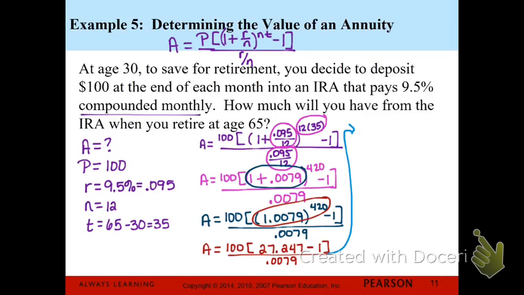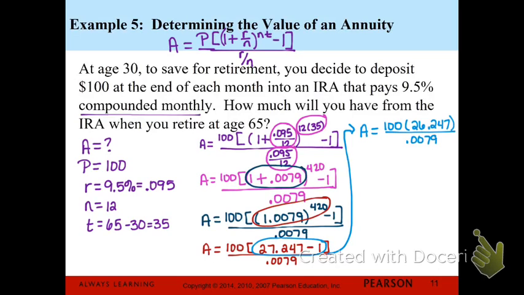Okay, yes, now we're going to subtract 1. So we got A equals 100 times, didn't have to use a bracket or a parenthesis there, 26.247. Good, 26.247. And then still over the 0.0079.